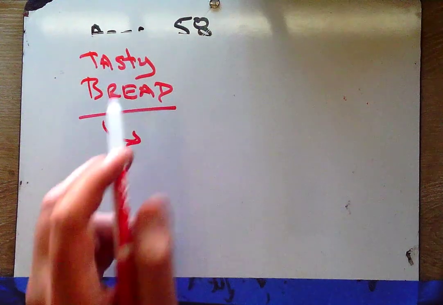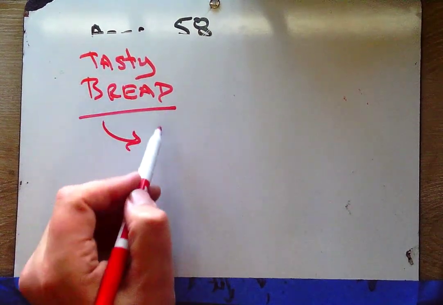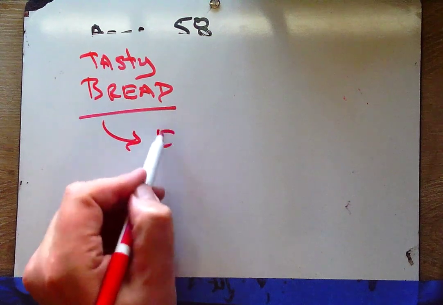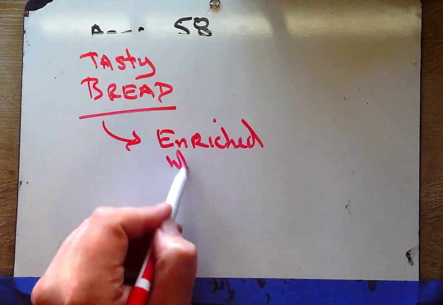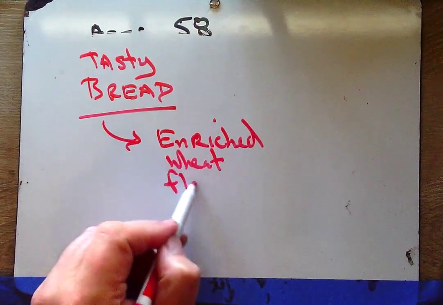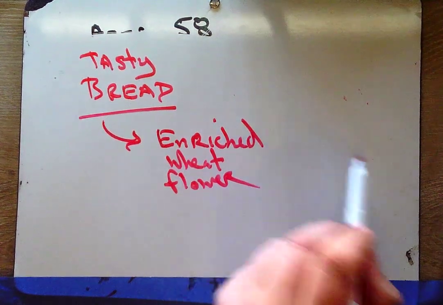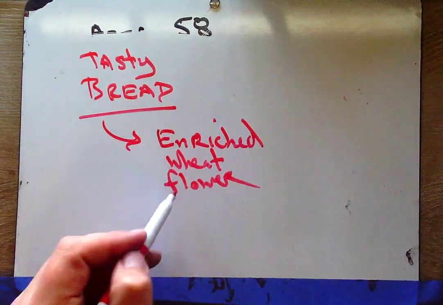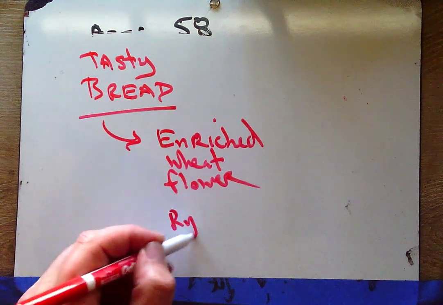And I see that this tasty bread, which I can eat and does taste great, contains enriched wheat flour, and it contains rye flour.